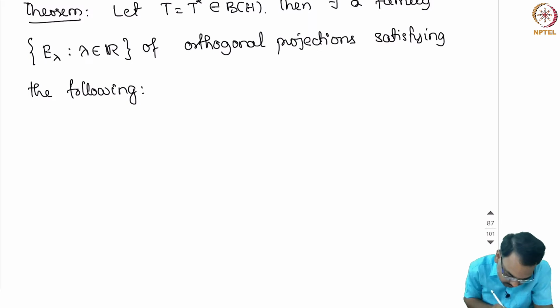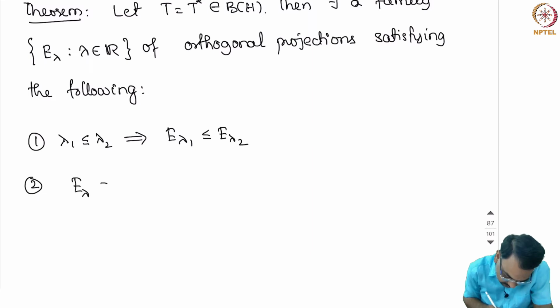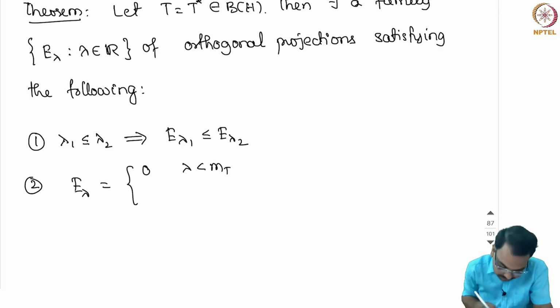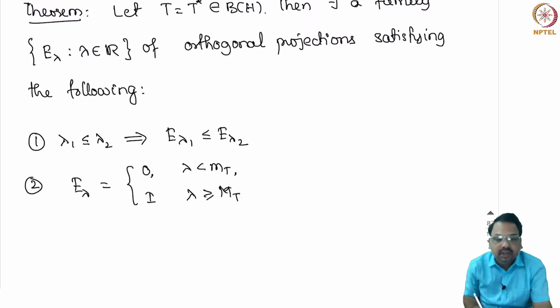The first one is lambda 1 less than or equal to lambda 2 implies E lambda 1 is less than or equal to E lambda 2. The second condition is E lambda equal to 0 when lambda is less than the lower numerical bound m_T of T. It is identity when lambda is bigger than or equal to the upper numerical bound capital M suffix T.